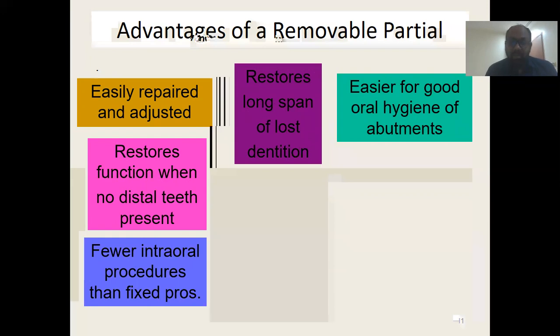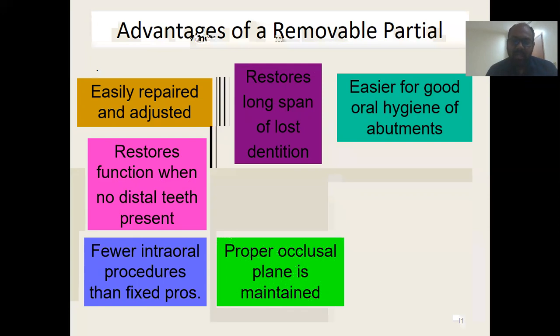It restores long spans of dentition, like when the patient has many missing teeth, so this would be an ideal treatment option. Even the proper occlusal plane is maintained, and the plane of occlusion is very important for the stability of the prosthesis.